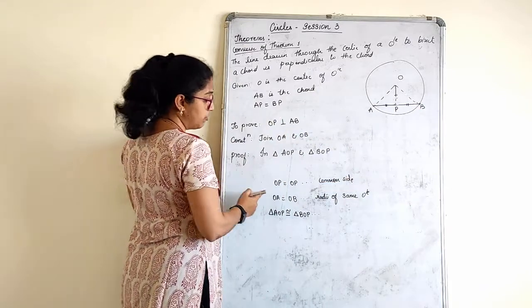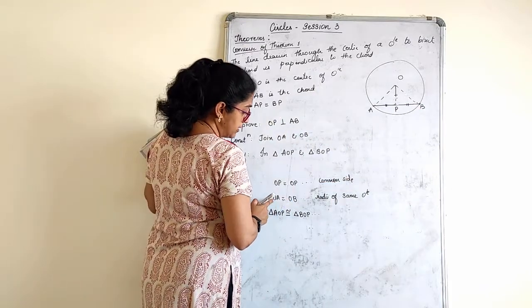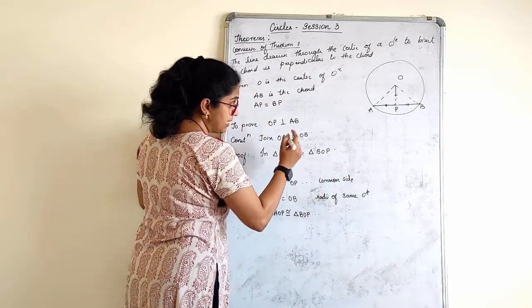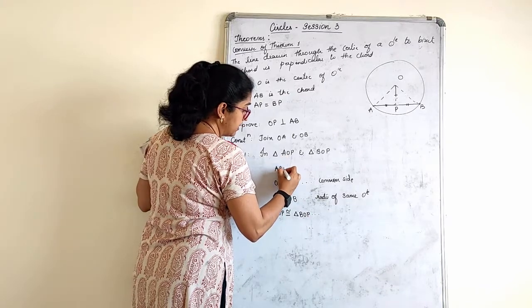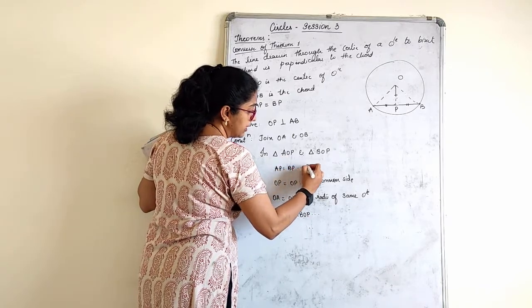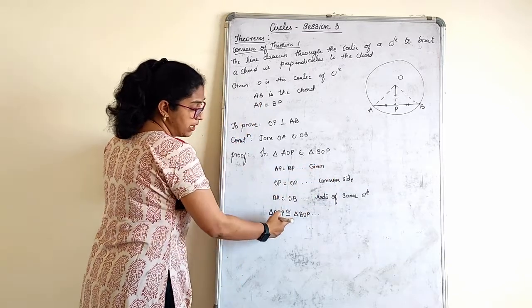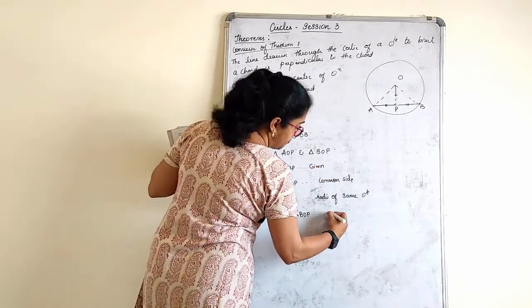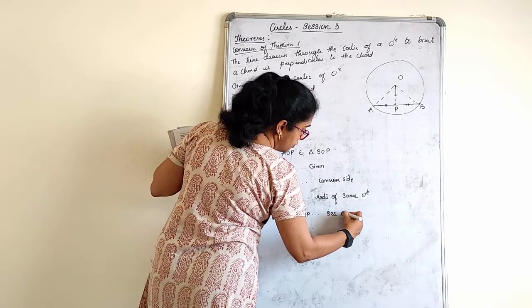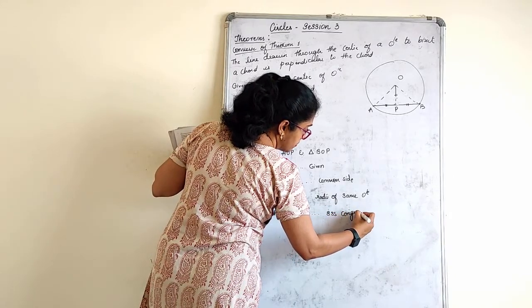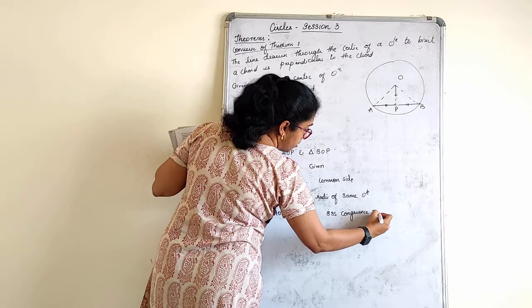So let's write down that OP is equal to OP, common side. OA is equal to OB, radii of the same circle. AP is equal to BP, given. Therefore, triangle AOP is equal and congruent to triangle BOP by triple S congruence rule. Okay.